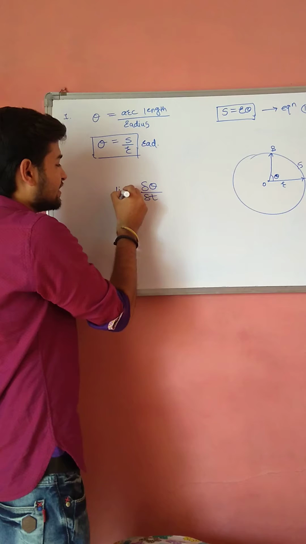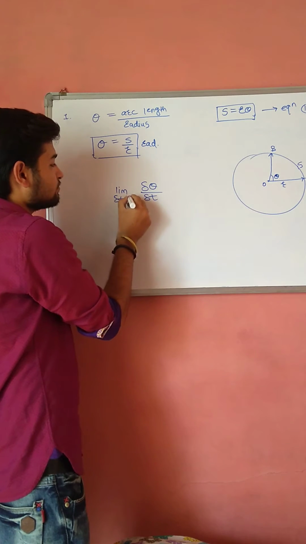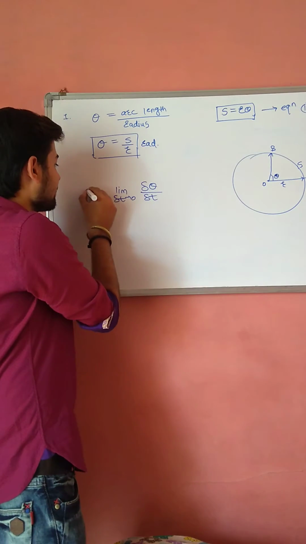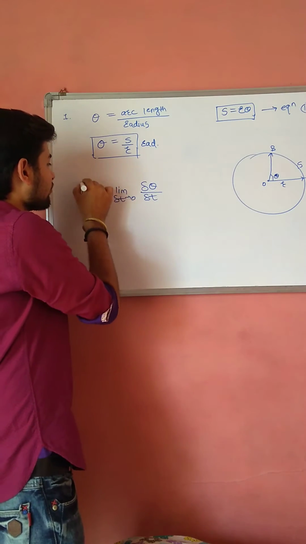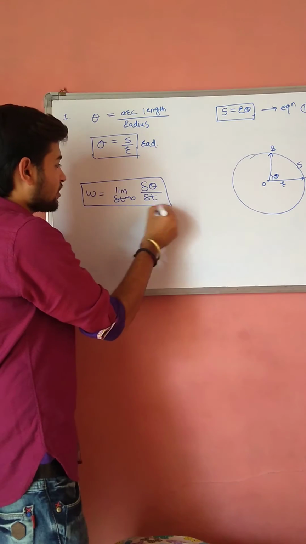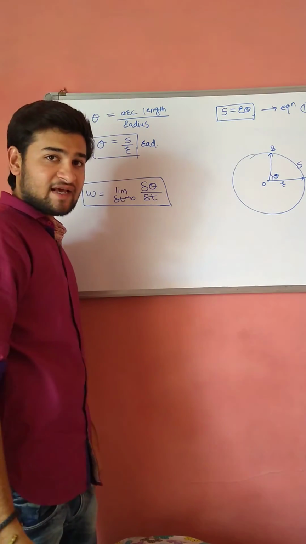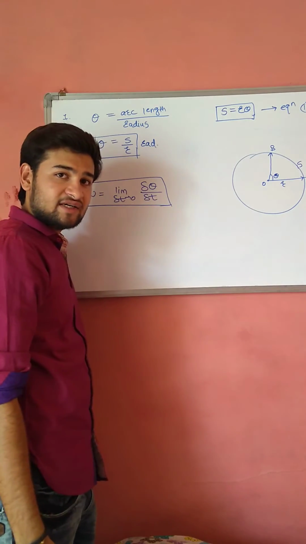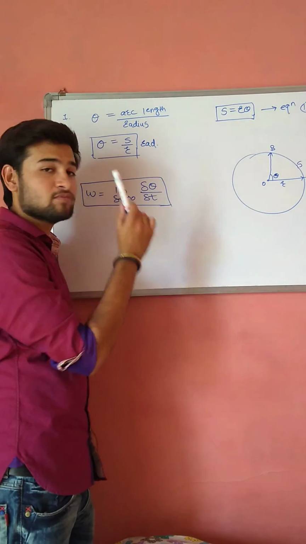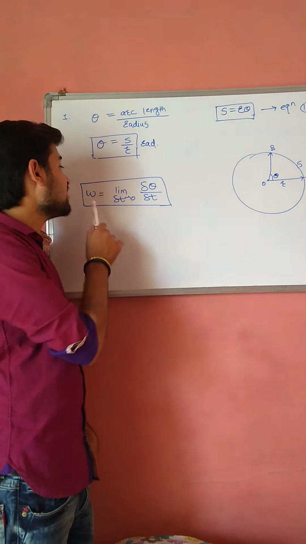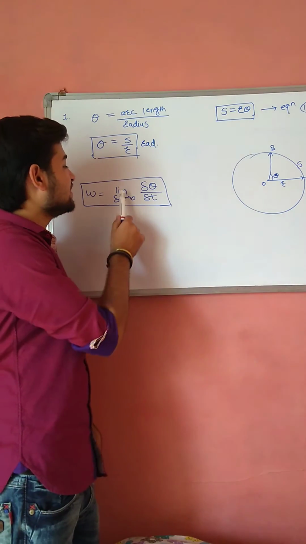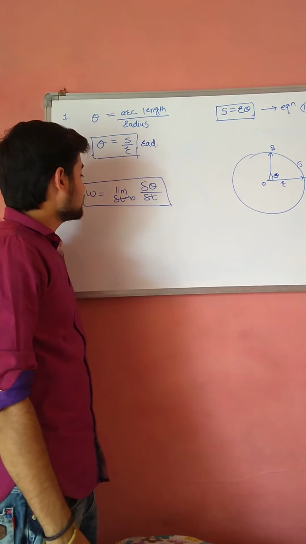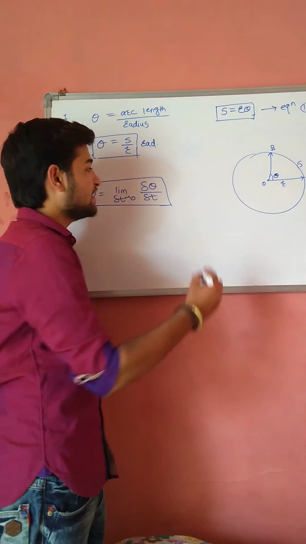So omega is equal to limit del t tends to 0 of del theta upon del t, and the unit for angular velocity is radian per second.